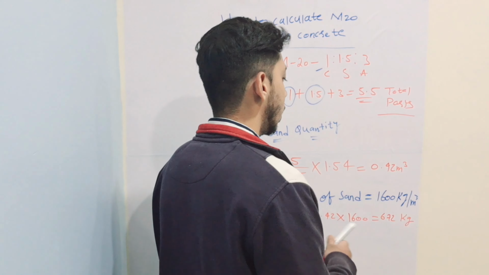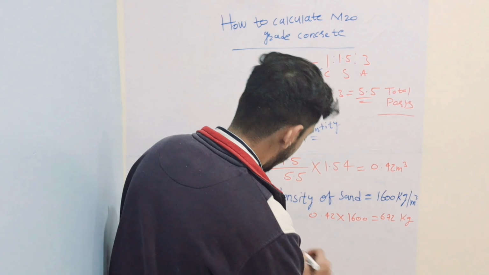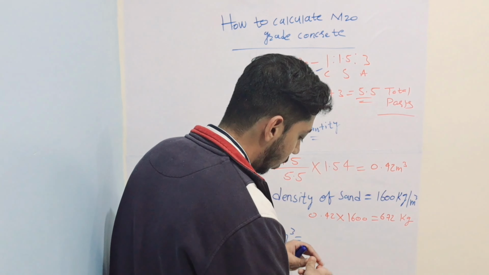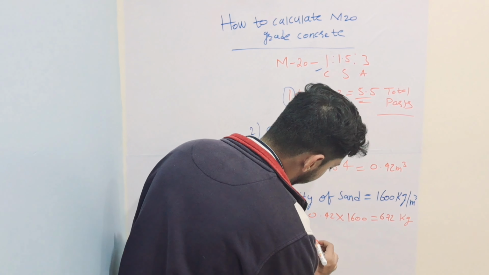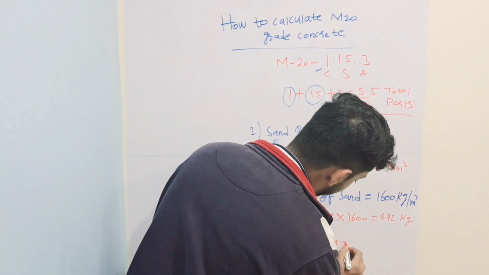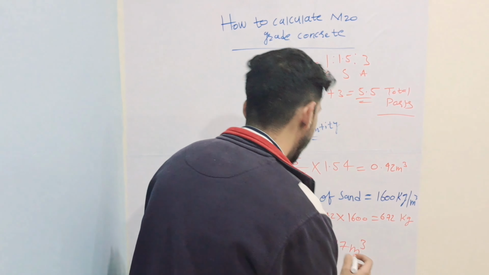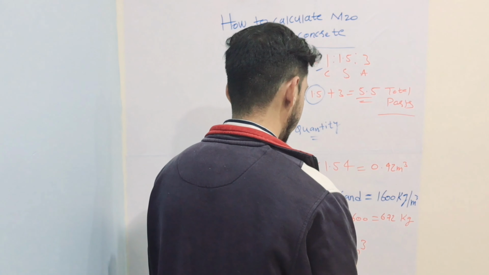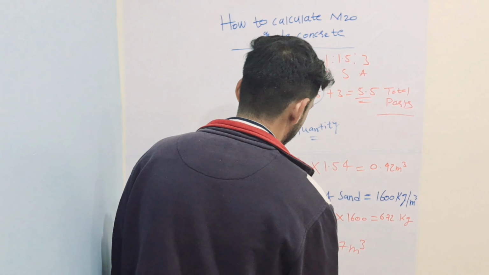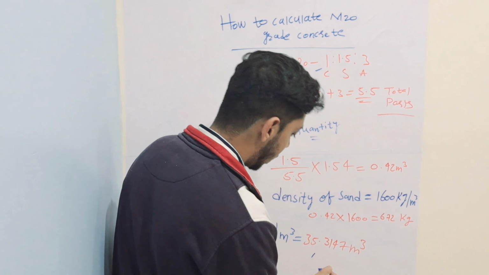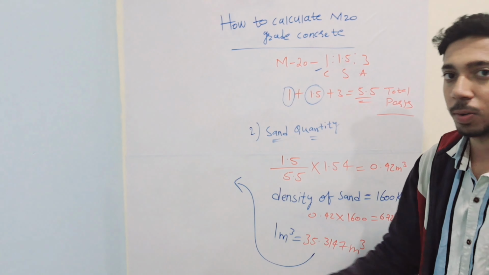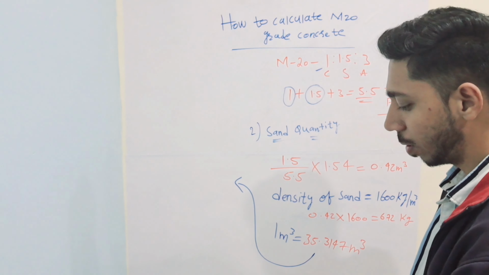Now I want it in cubic feet. 1 meter cube is equal to 35.3147 cubic feet.